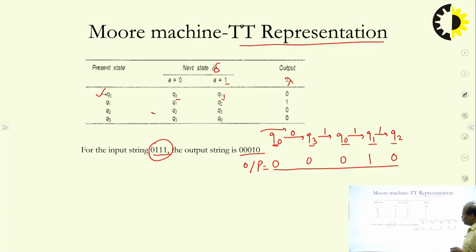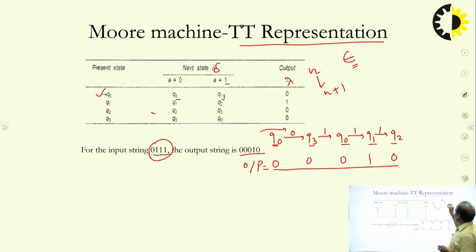So we should note here that for input string of length n in Moore machine, output string is of length n plus 1 always. And one more important note here is that Moore machine can accept epsilon also. Input epsilon can be accepted by the Moore machine, right?